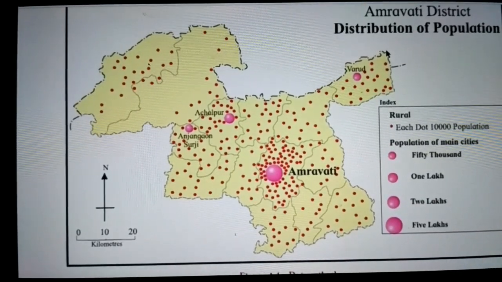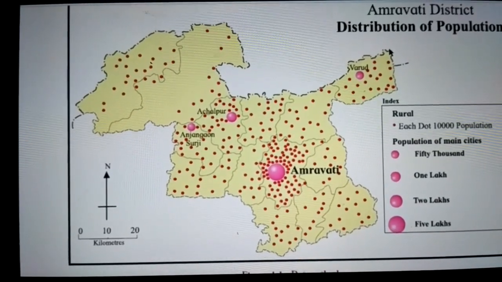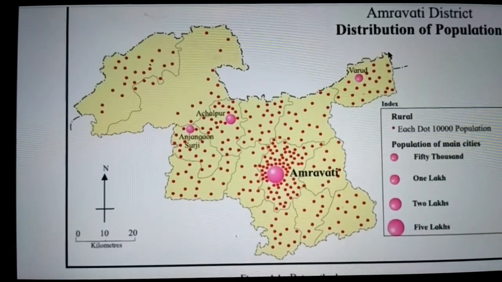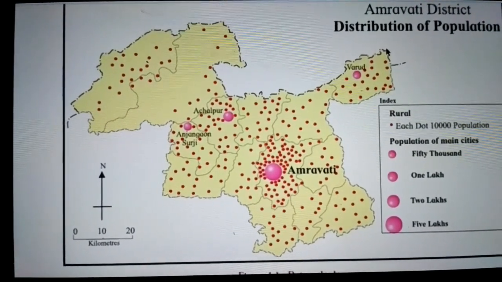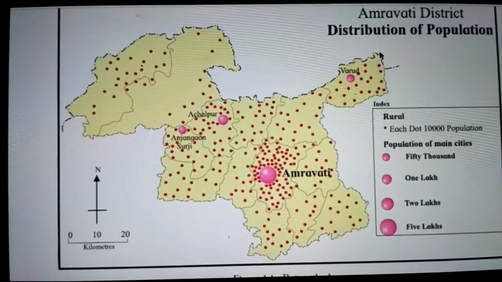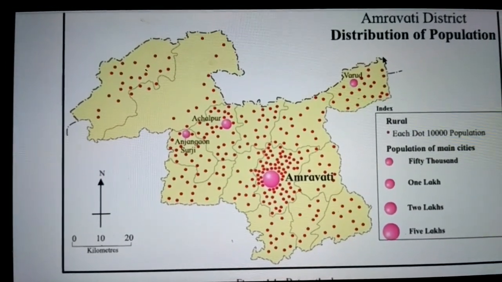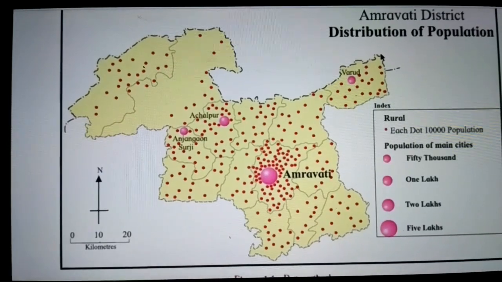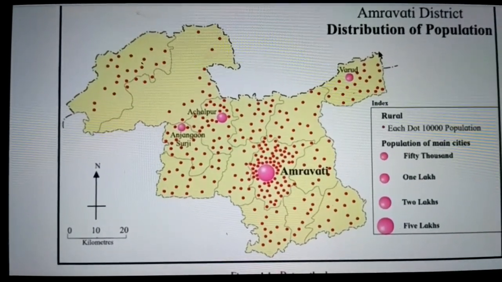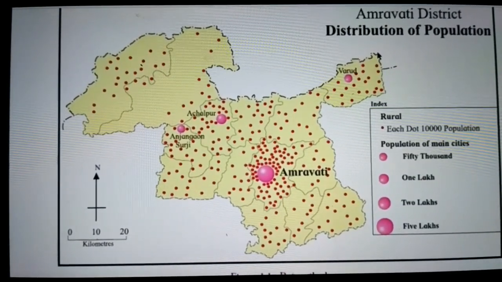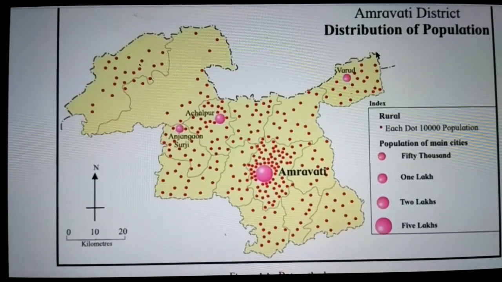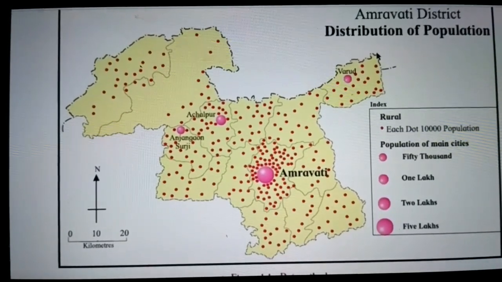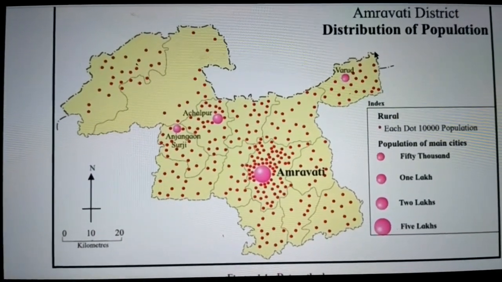We may consider that these dots are different villages and the population is given. On the map, each dot represents 10,000 people. Then there are the colorful dots: 50,000 dot, 1 lakh dot, 2 lakh dot, and 5 lakh dot. In this way, my dear students, we must read the map.